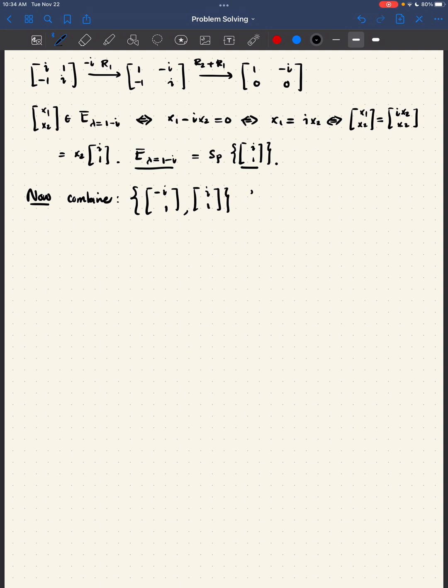This one forms a basis over the complex numbers for C^2. Okay? So that means that if we construct a 2 by 2 matrix with these two column vectors, we will get an invertible matrix over the complex numbers. And that's what we're going to do.